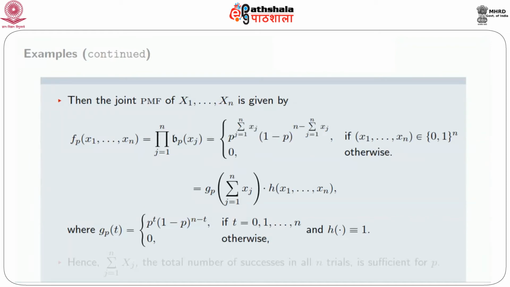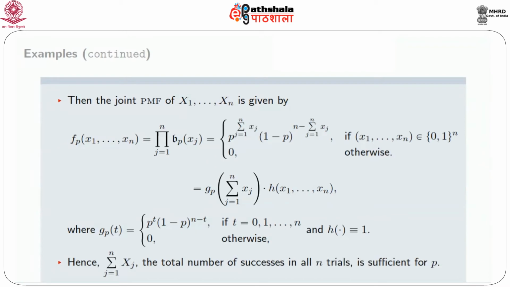Now this can be written as a function g_p of summation x_j into h(x_1, ..., x_n), where if we set t equal to the summation over j from 1 to n of x_j, then we get g_p(t) equals p^t (1 - p)^(n - t) if t is from 0 to n, 0 otherwise, and h equals 1.